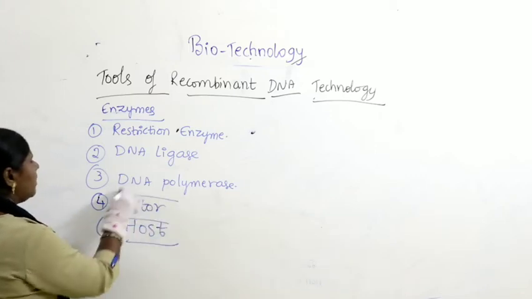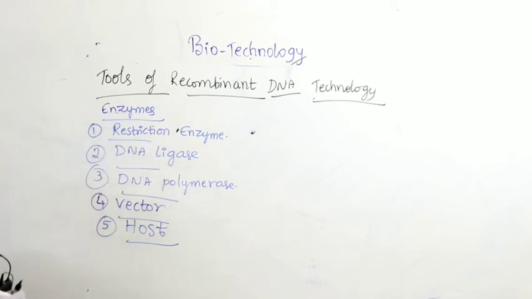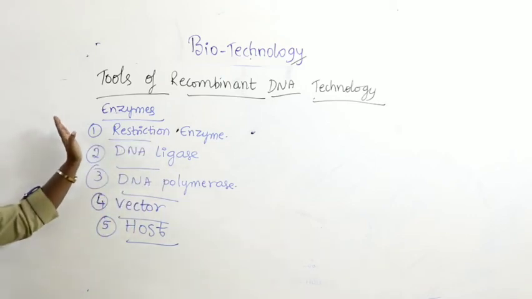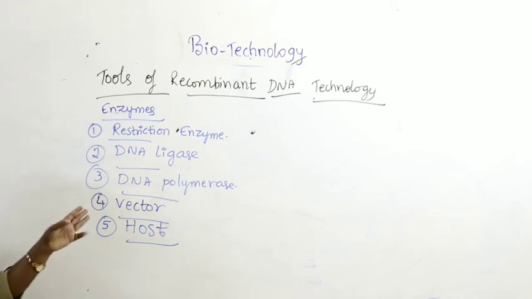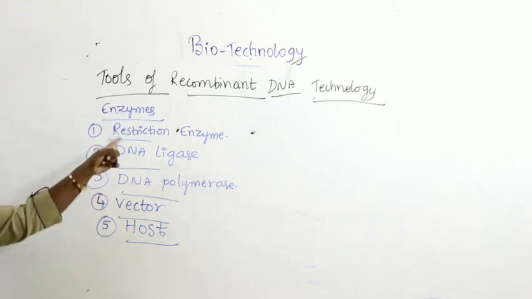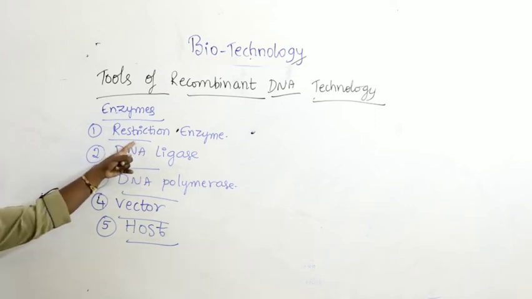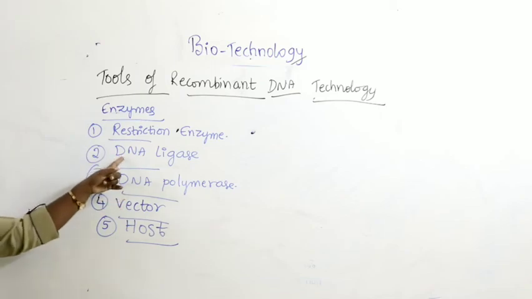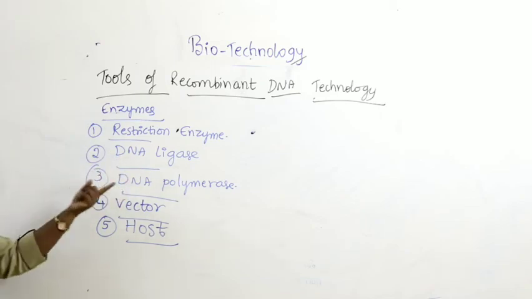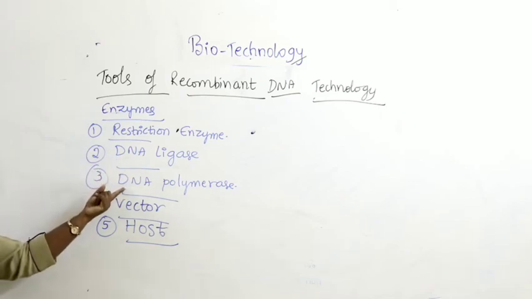So when we take the enzymes, mainly we require three important enzymes: restriction endonuclease, ligase, and DNA polymerase. Restriction enzyme is for cutting the DNA, DNA ligase is for joining the DNA, and for replication, DNA polymerase.